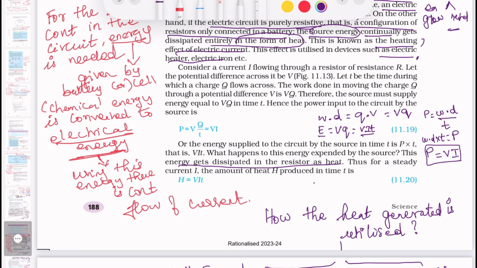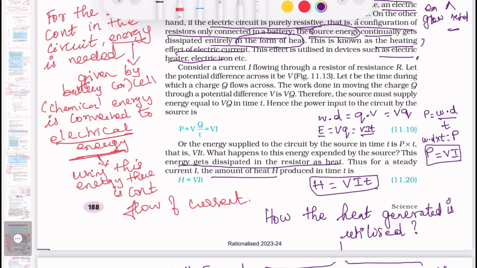So the amount of heat produced in time t will be H is equal to VIT. Because we know that energy in circuits like resistors, electrical heaters and electrical iron is completely used only as heat. So we have a new formula, a new concept talking about heat, that is H is equal to VIT.